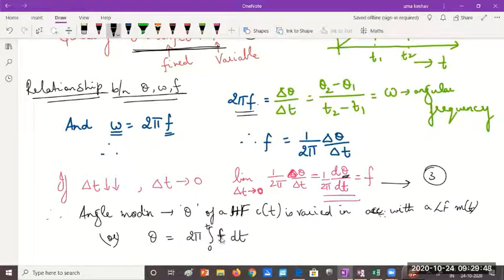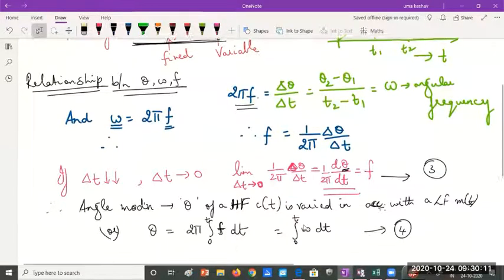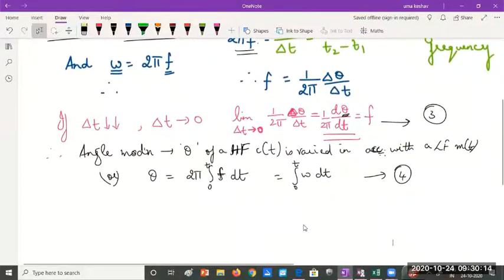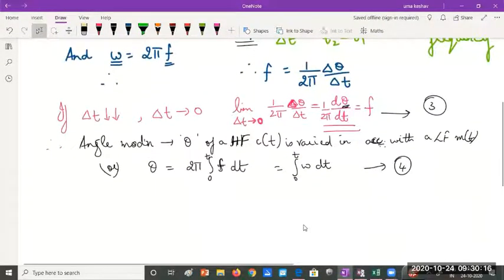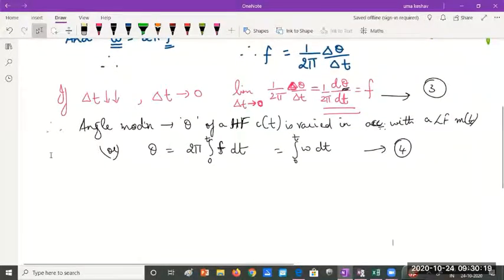So theta is 2 pi times the integral of f dt, or I can also say integral of omega dt, because 2 pi into f is omega. So please remember all these relations. Frequency is 1 by 2 pi d theta by dt, and theta is 2 pi into integral of f dt or integral of omega dt. If I integrate the angular frequency, I should get the angle theta. So these are different ways of relating these elements.